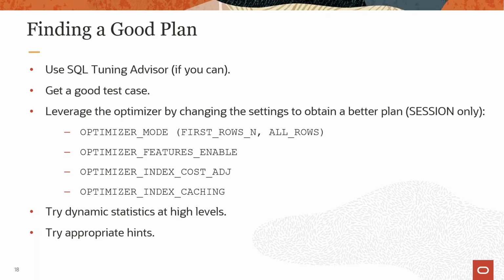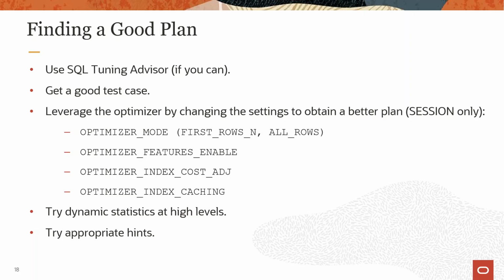If a particular query performed better in an older version, you can use the parameter optimizer features enable to roll back the optimizer to the older version. By the parameters optimizer index cost adjustment and optimizer index caching, you can tune the optimizer's behavior for access path selection to be more or less index friendly.